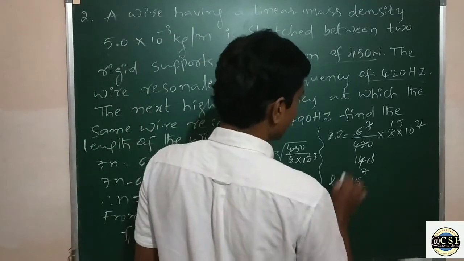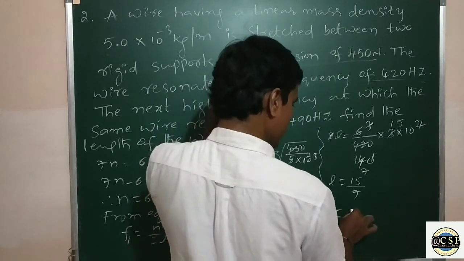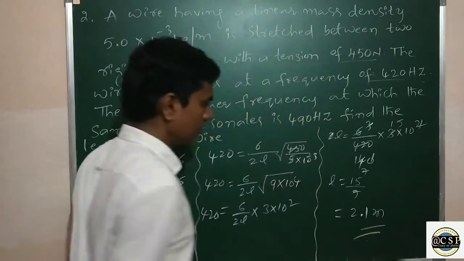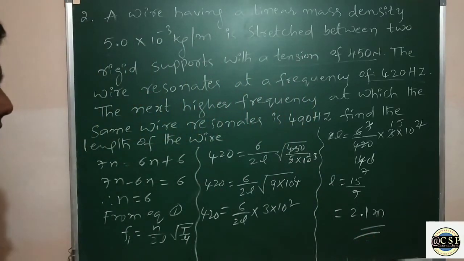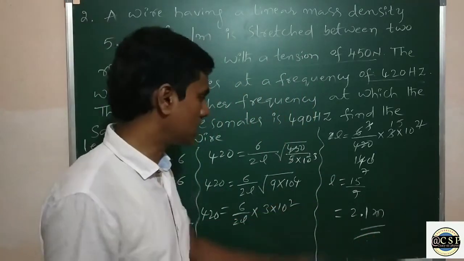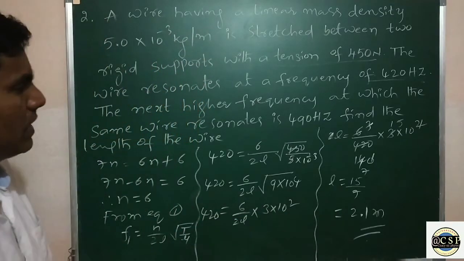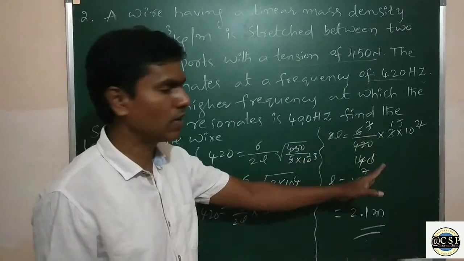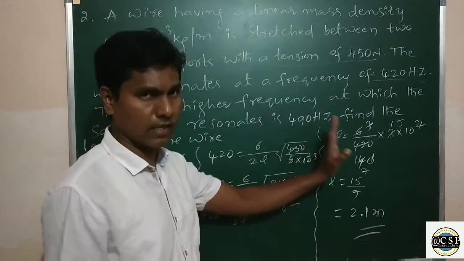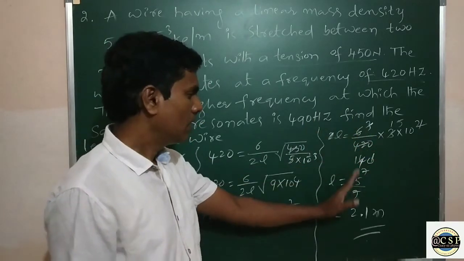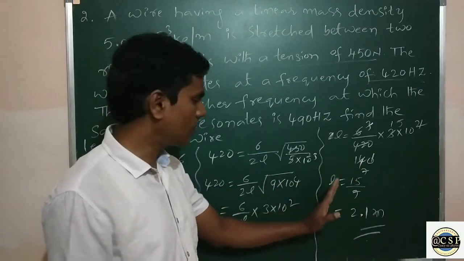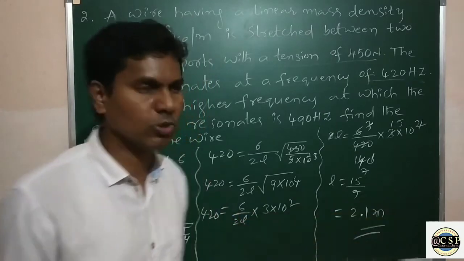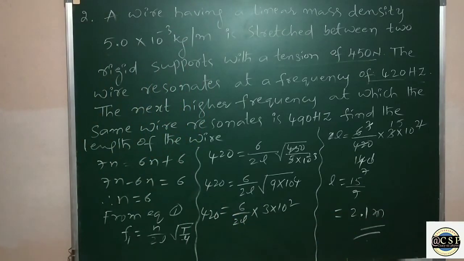So finally, the length of the string is 2.1 meters. Its total length is 2.1 meters.